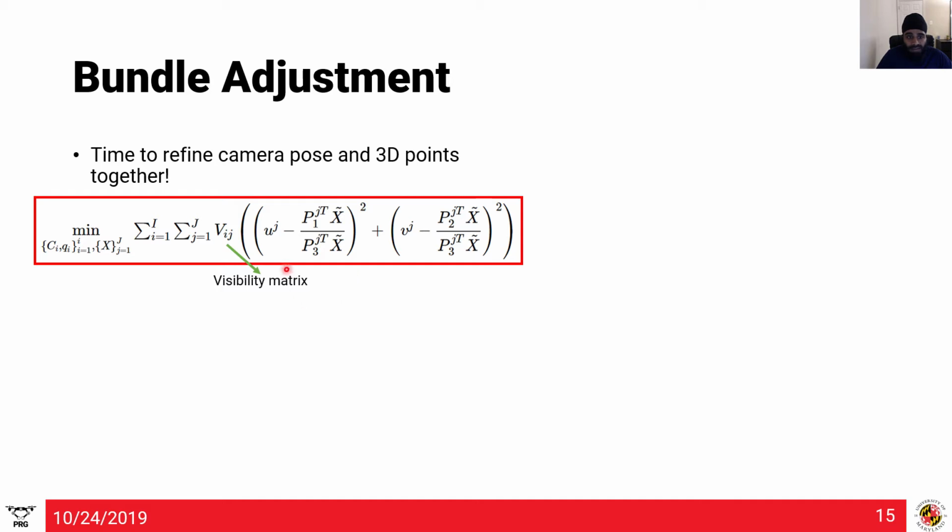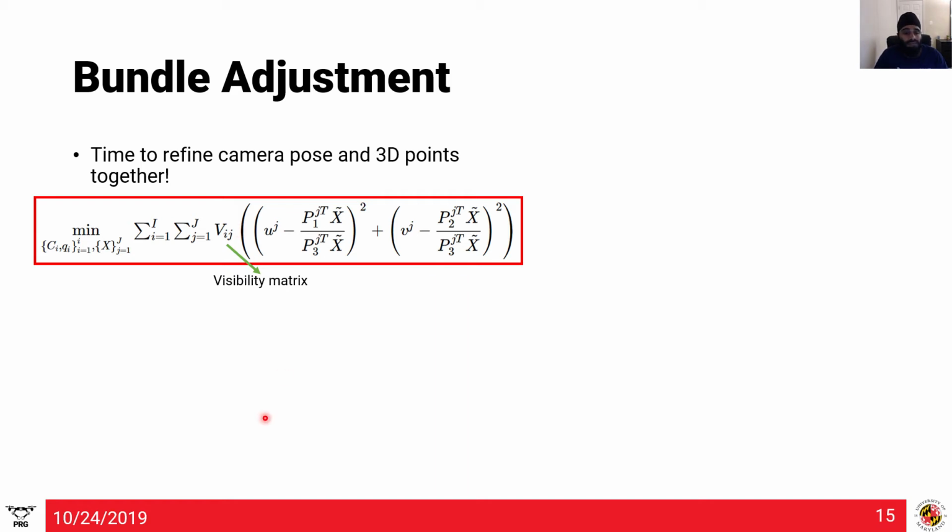Okay, so your minimization problem looks something like this. So again, these are my reprojection error, and same thing for the second frame, right? So there's a thing called visibility matrix. What visibility matrix is, it's basically a relationship between the camera and the point. So you can construct an I cross J binary matrix.